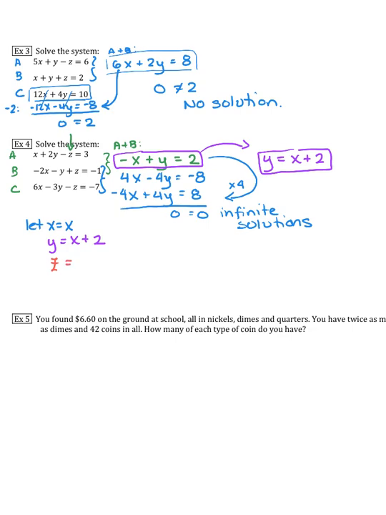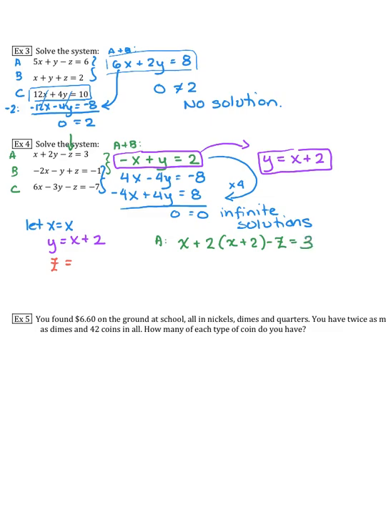So x can be anything, infinite solutions, but y and z are controlled by whatever you initially plugged in for x. So now we have to find that third relationship. So I'm going to take my equation A, and I know that x is x. I know that y is x plus 2. z is what we want to isolate, and that all equals 3.